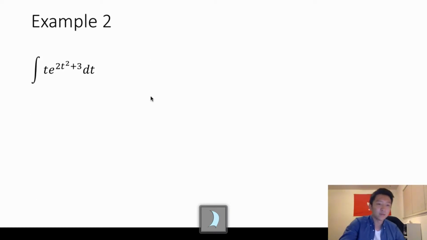Here's another example. It's the integral of t times e to the power of 2t squared plus 3. This can be a daunting integral for anyone when they first see it.